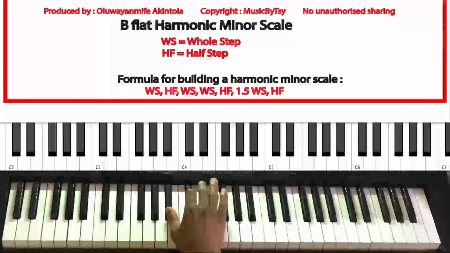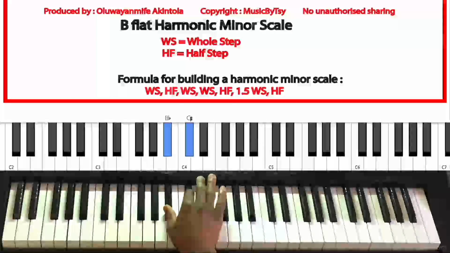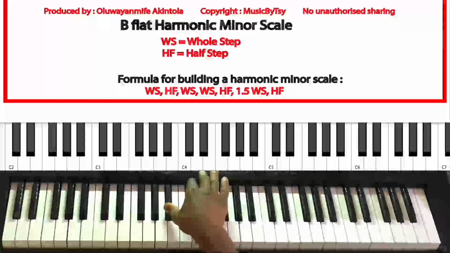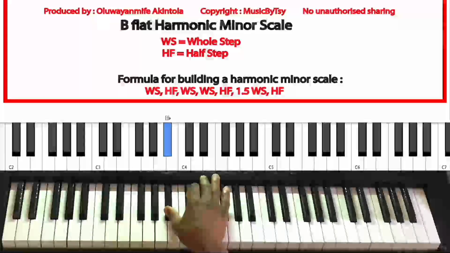Now, whenever you move from one key to another key and you skip two keys in between, then that means that you've moved by 1.5 steps. So for example, if I move from the key of B flat to the key of C sharp, I've skipped two keys in between. Therefore, this means that I've moved by 1.5 steps.